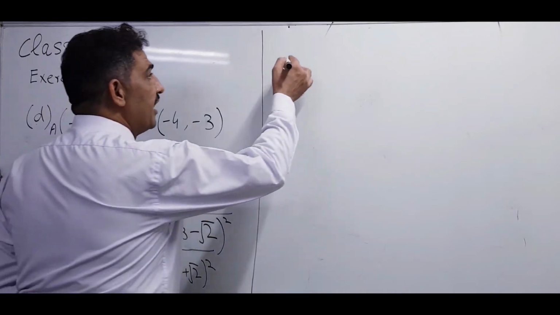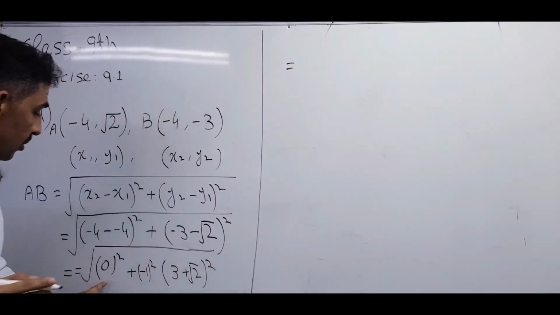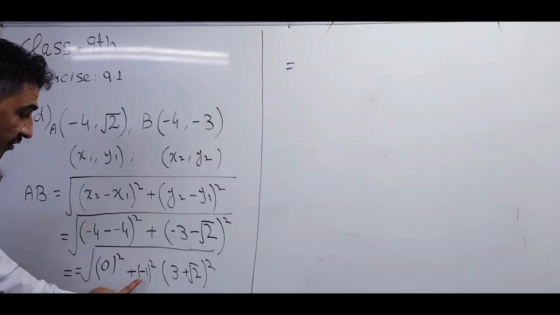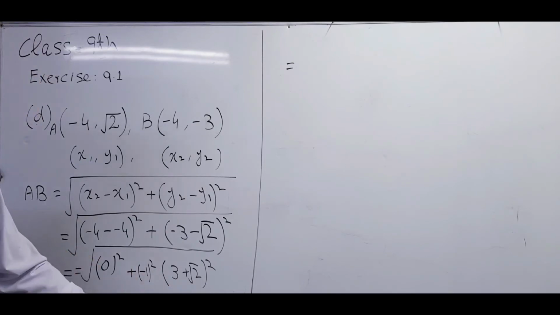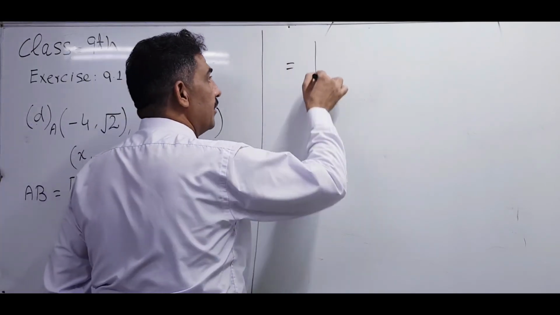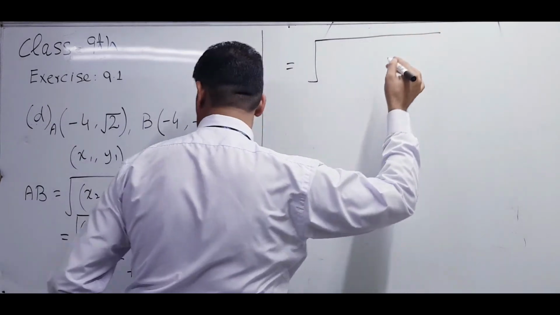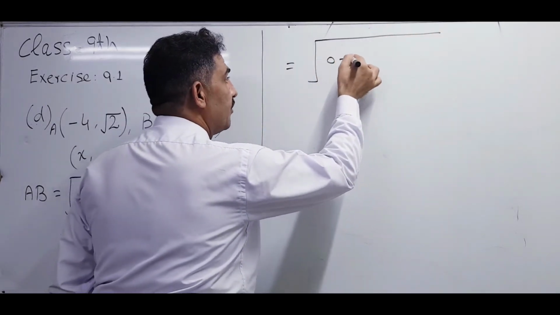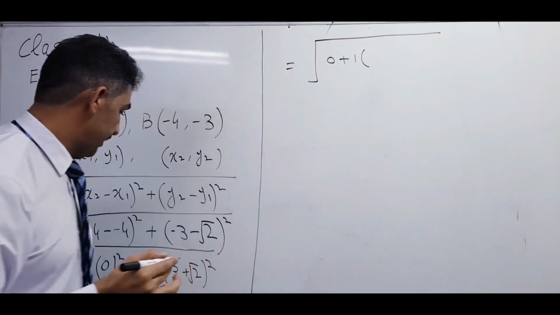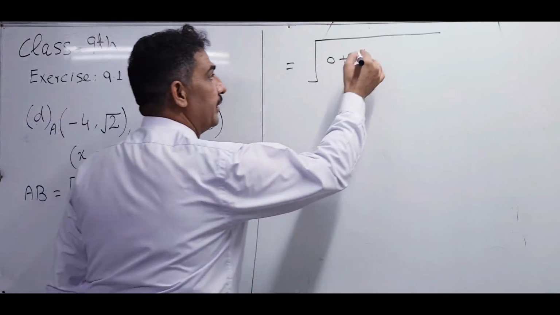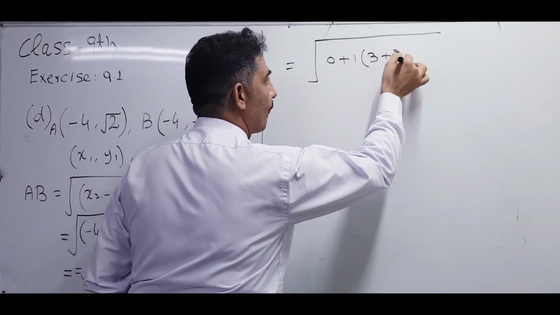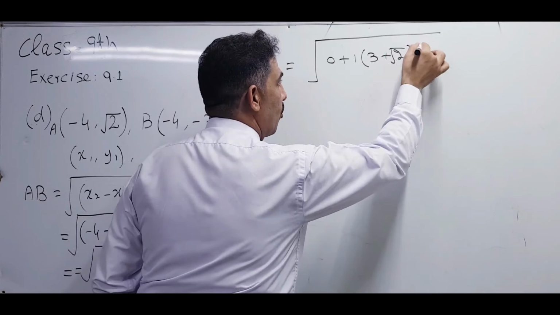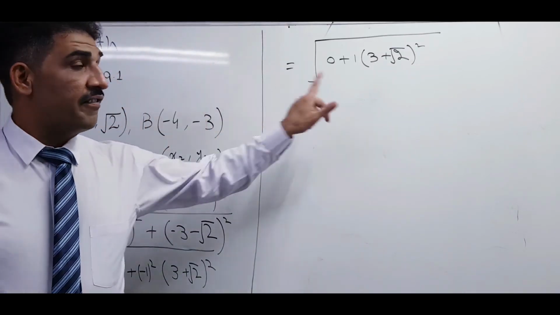So the final answer will remain, because if you add 0 to anything it makes no difference, and when you multiply by 1 there is no change. I will write one more line, otherwise maybe you will be confused. 0 plus 1 into 3 plus 2 root whole square. First we have to multiply.